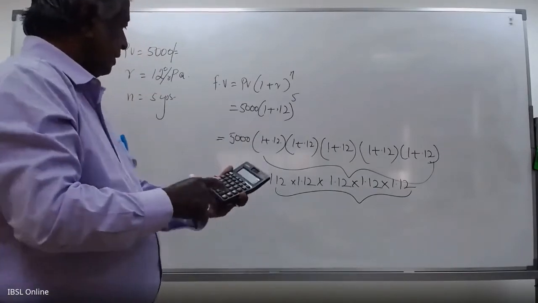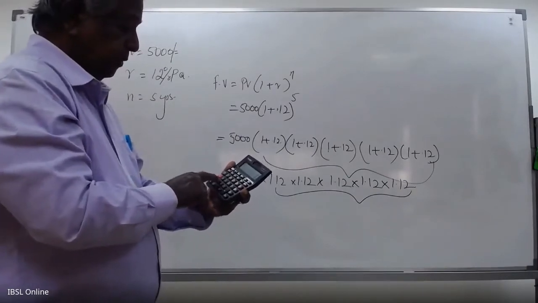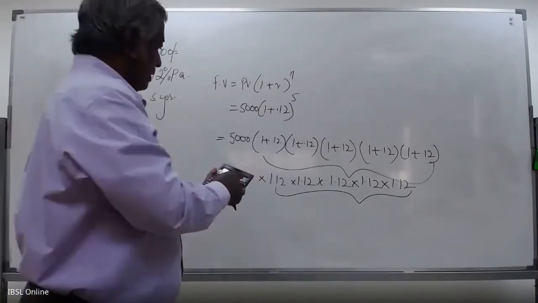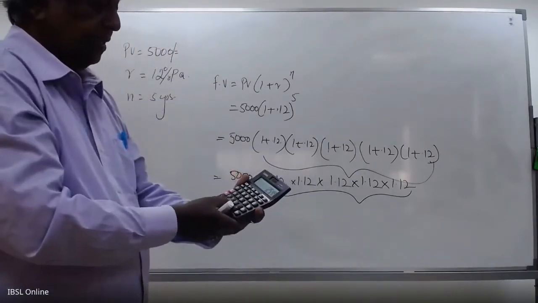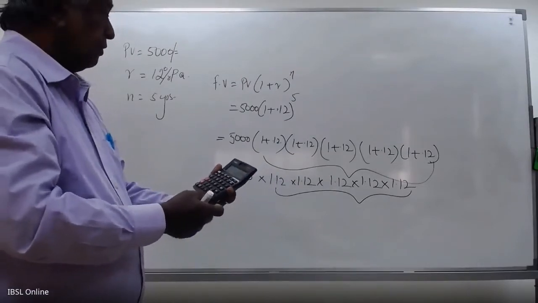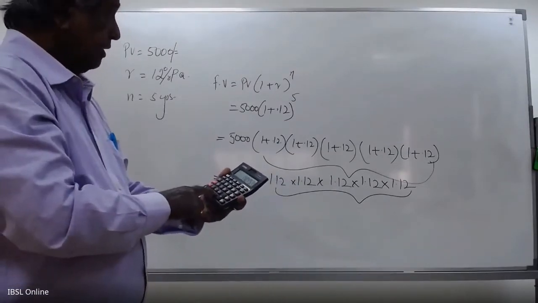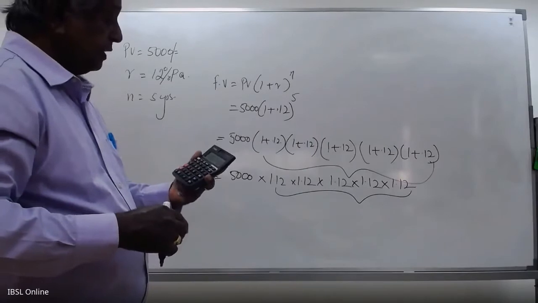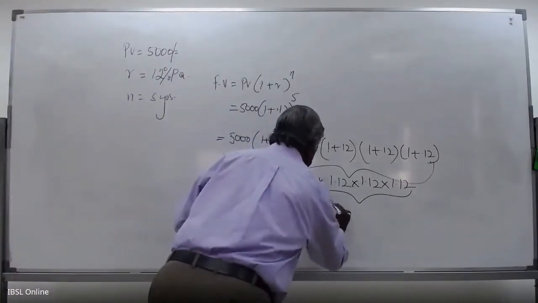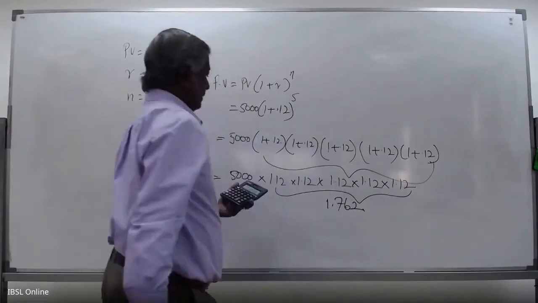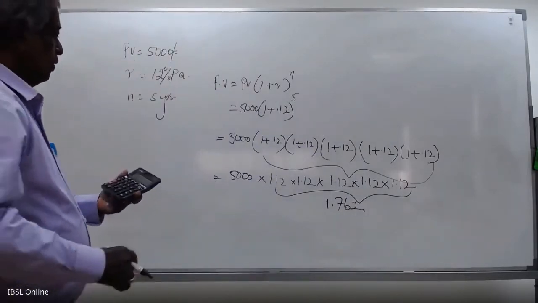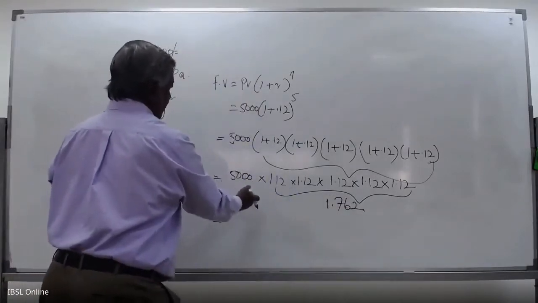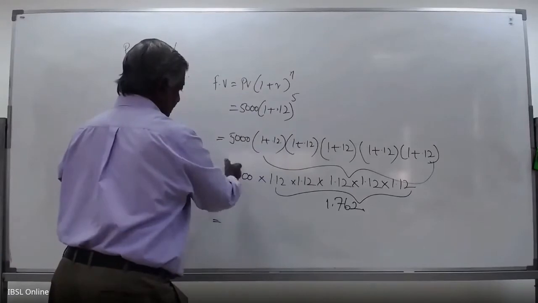Right. 1.12 into 1.12, 2 times I put it. Plus equal sign, I got 1.254 for 2 times. Again equal sign, 3 times, 4 times, 5 times. I am getting 1.762. So multiply 1.762 into 5,000.